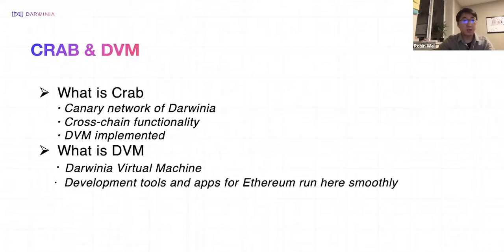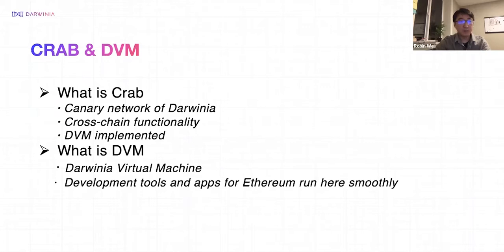Now let's get to know more about Crab and DVM, which are the main theme of this hackathon. As I mentioned, Crab is a canary network of Darwinia. It's Ethereum compatible, so smart contracts on Ethereum can be easily ported to Crab network. It has a much lower gas fee. Developers can test the water on Crab.